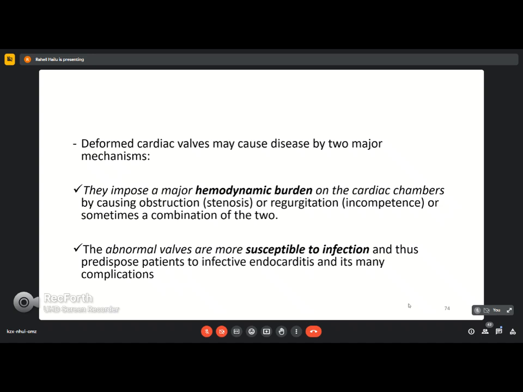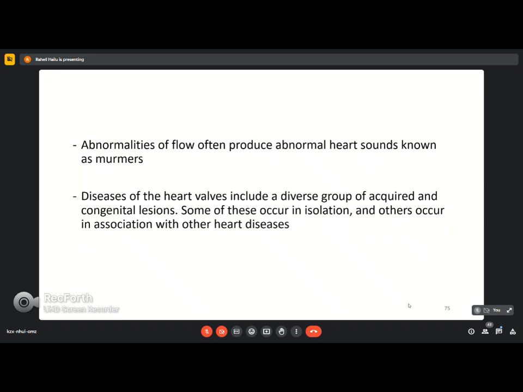They are more exposed to anything the circulation has to offer, so any circulating bacteria. They are more prone to infections and inflammatory process as a result of endothelial damage.